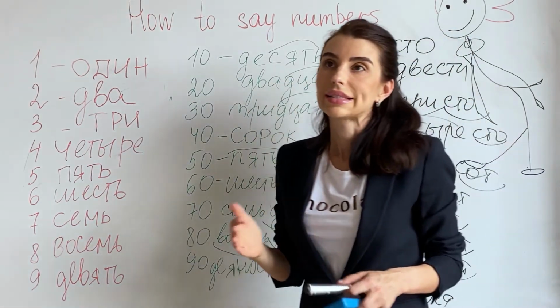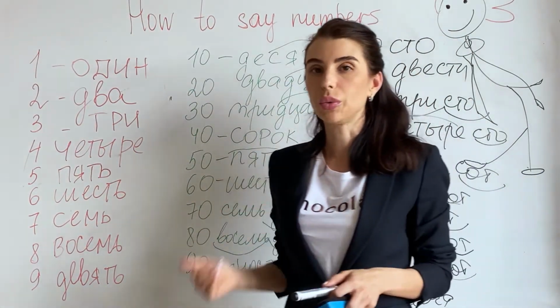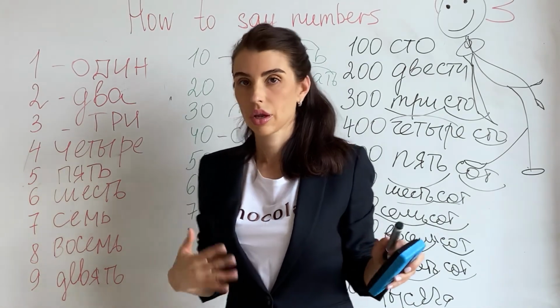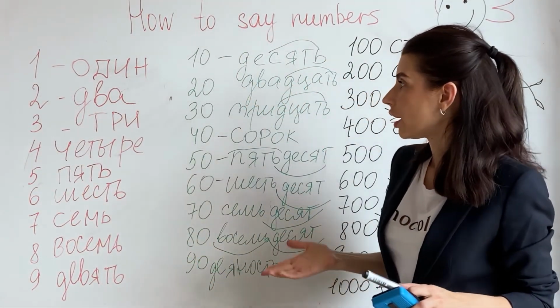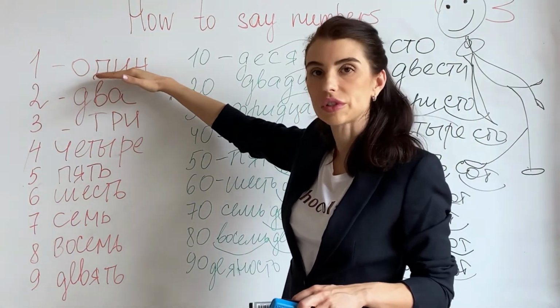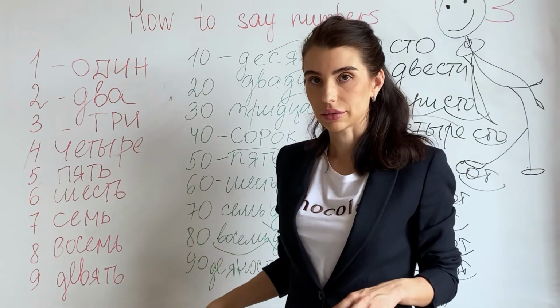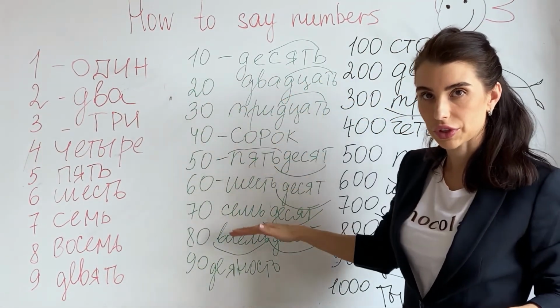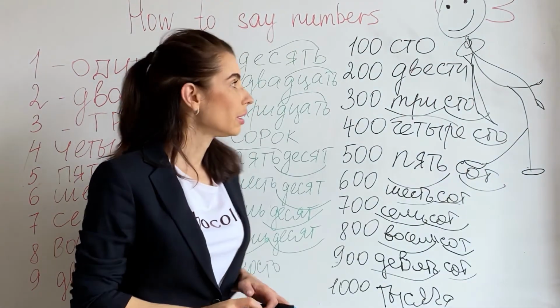So from 10 up to 20, it's so easy to count because it's the same. So you have to memorize it from 1 up to 10. And after that 20, 30, 40, 50, etc.